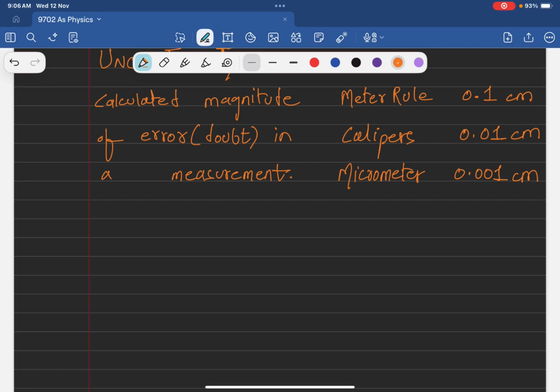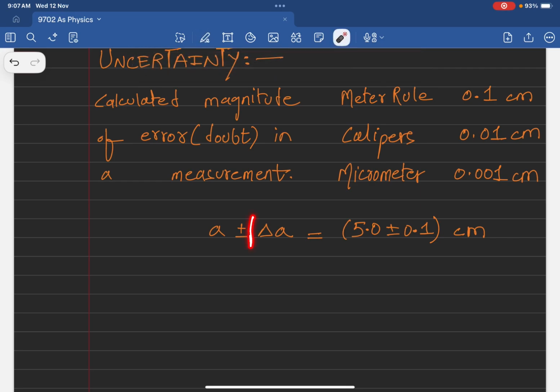Let's say I am measuring a quantity A, and I'm writing this as A plus minus delta A, and that A is basically 5.0 plus minus 0.1 centimeter. See, the value that is written after the plus minus is the uncertainty, the absolute uncertainty.